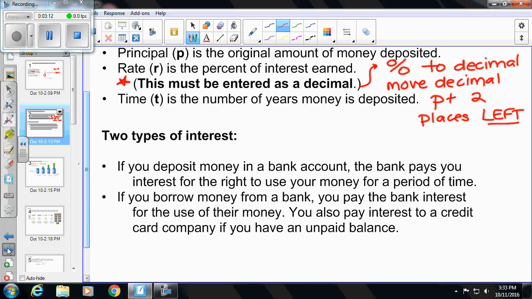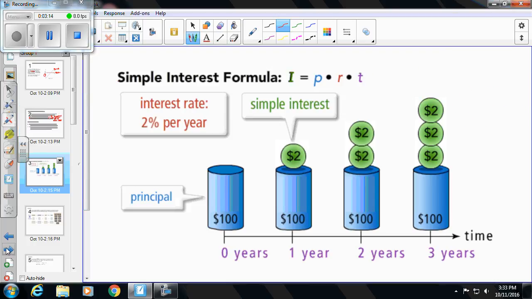So let's move on. Our simple interest formula, again, is I equals P times R times T. If our interest rate is 2% per year, and our principal is $100, okay, at 0 years you've earned no interest. For 1 year, you have earned $2.